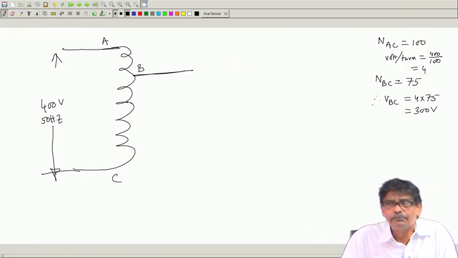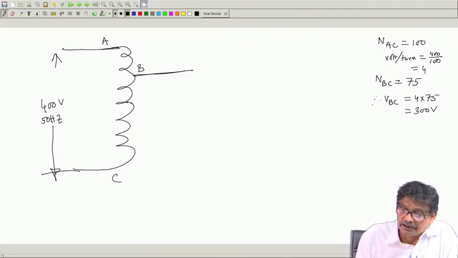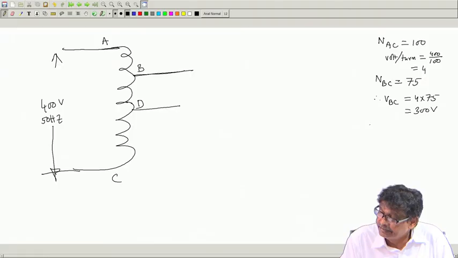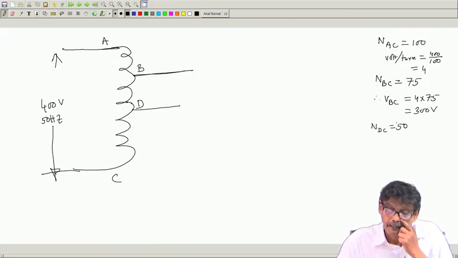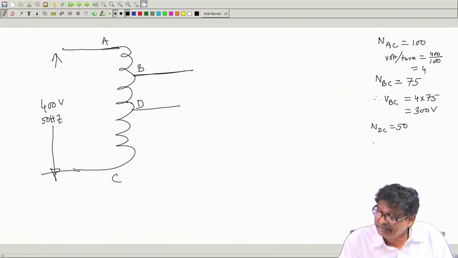And suppose I have two loads, one requires 300 volt supply, another requires 200 volt supply. So, from the same sort of auto transformer, suppose you have another tapping, say at point D, such that N_DC I say is 50. Then V_DC will be equal to 50 into 4, equal to 200 volt.